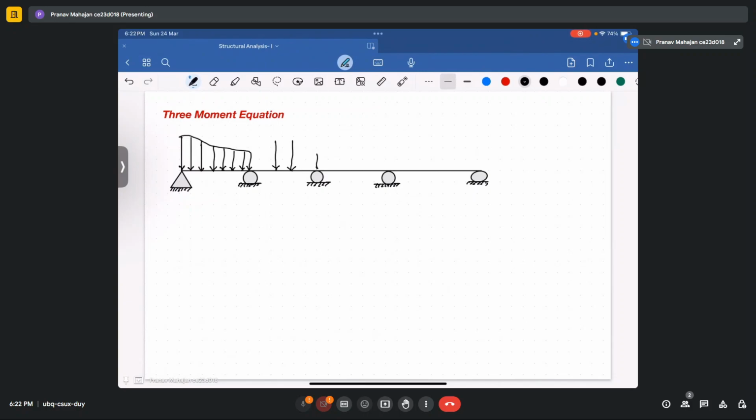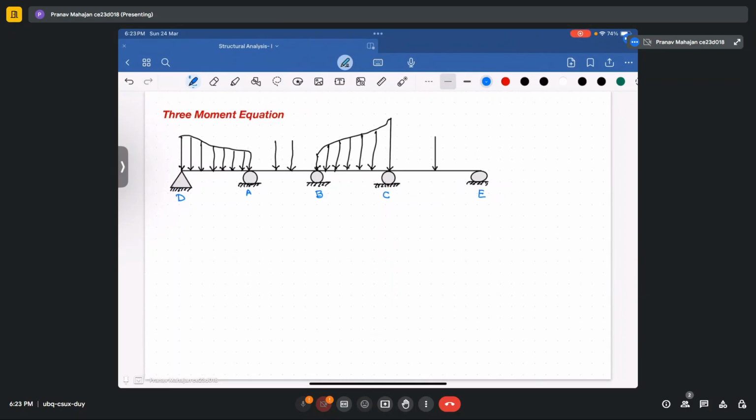Then again you have a UVL, and then a concentrated load at the end. So let's mark these supports as A, B, C, this is D, and this is E.